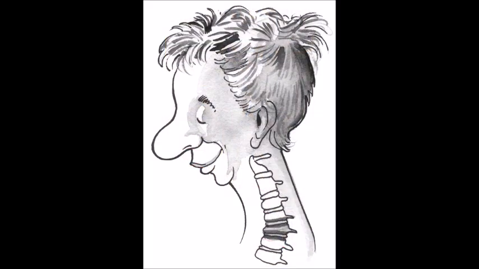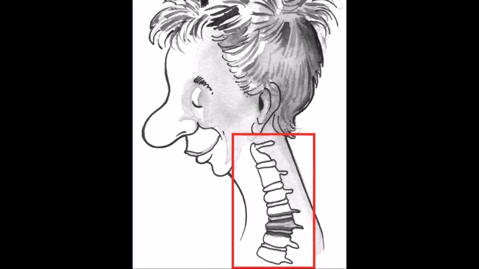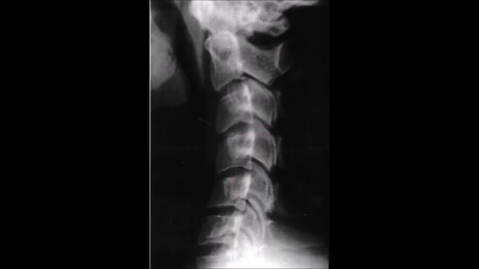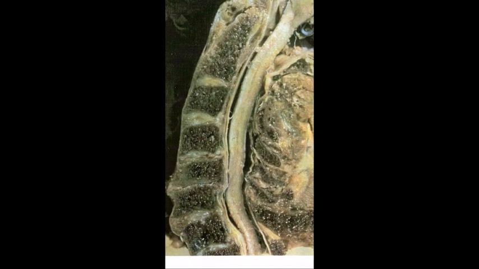After years of poor posture, the normal forward arch of your neck can be straightened out or bent backwards. Let's take a look at an X-ray of this area. And we can see that the cervical spine here is bent backwards. In this unhealthy specimen of the same area, we will zoom in to see some detail.